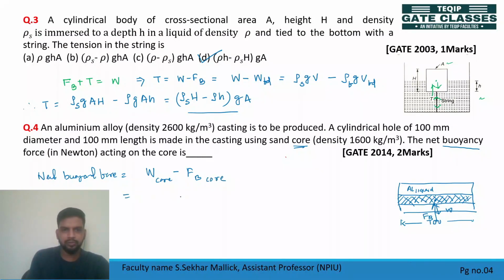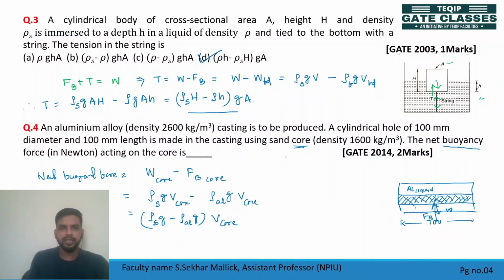Weight of core is rho of sand core into g into volume of core, minus buoyant force, which is rho of aluminium, g and volume of this core only. So what is common? (rho_s minus rho_aluminium) g into volume of core.